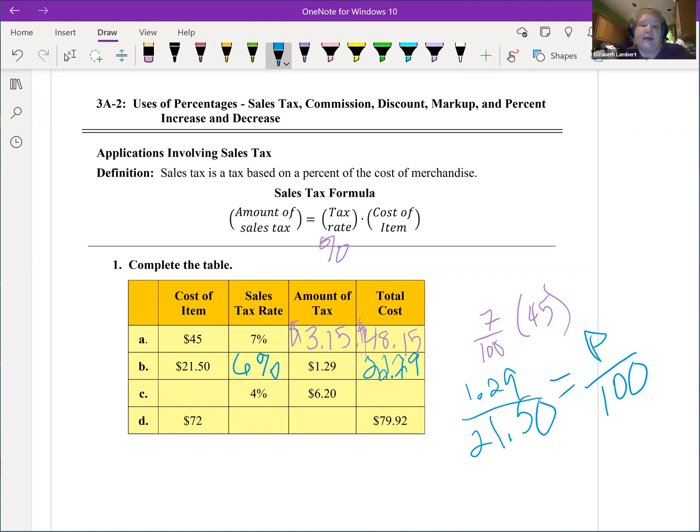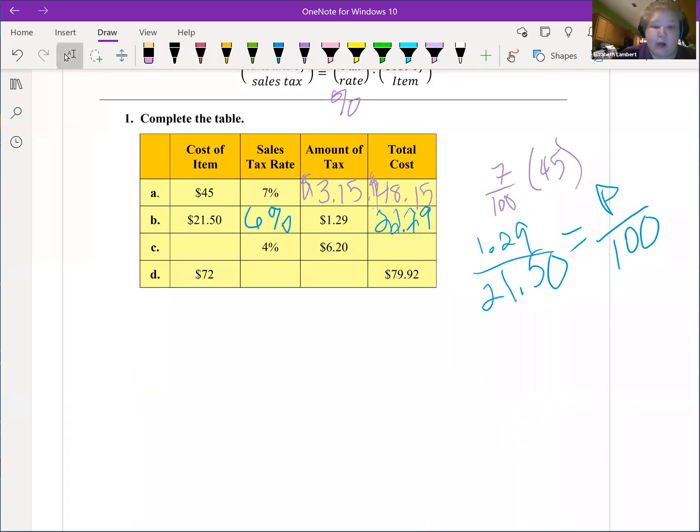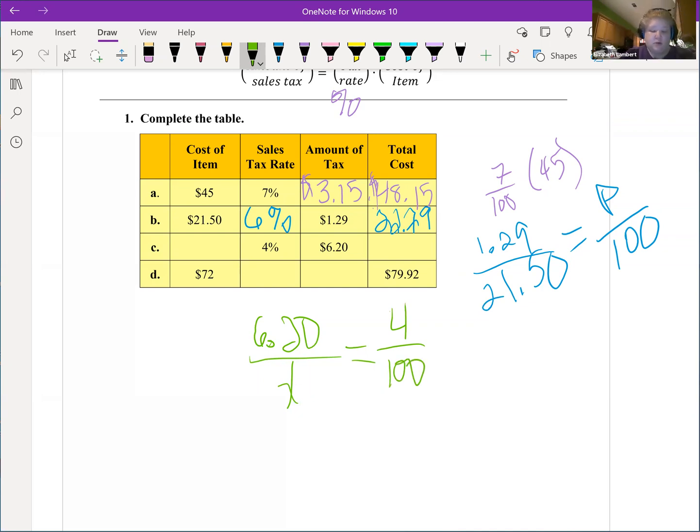All right, now a little backwards. This is telling us what the tax is and telling us it's 4%, and we have to figure out what the cost of the item was. So I have my part, $6.20, but my unknown is now down here, and I have 4 over 100. 6.20 times 100 divided by 4 is 155.